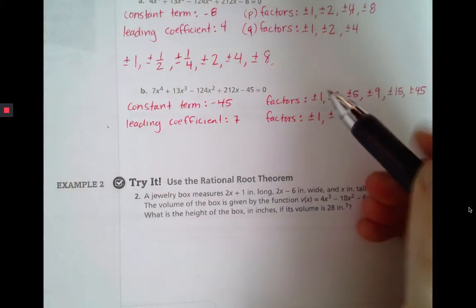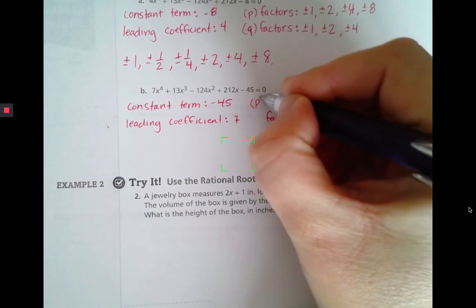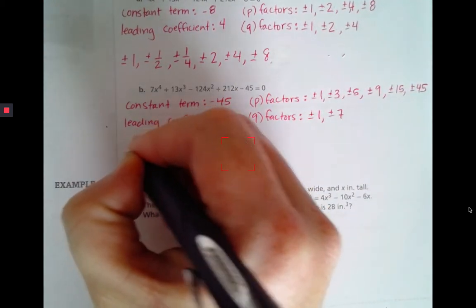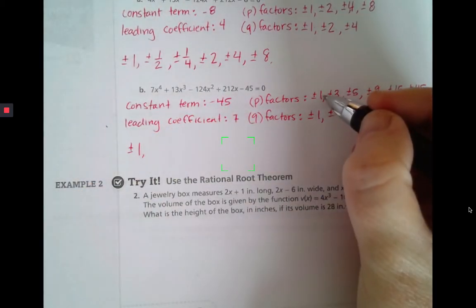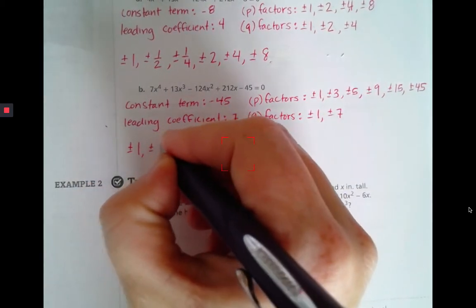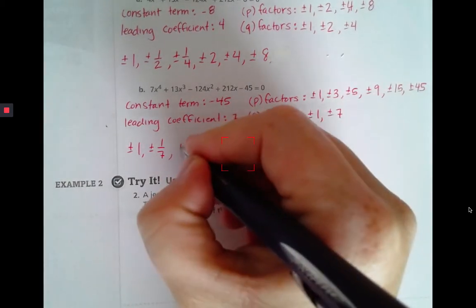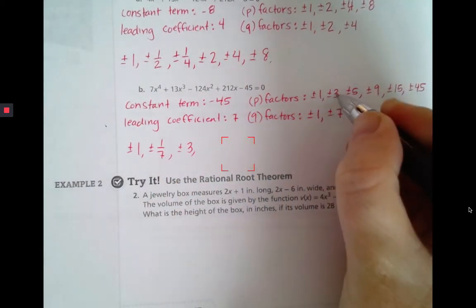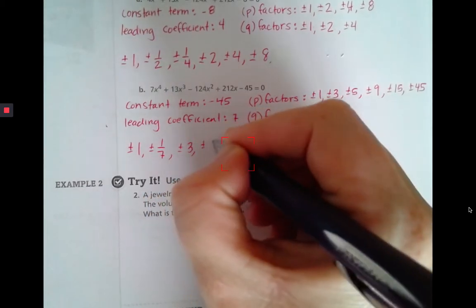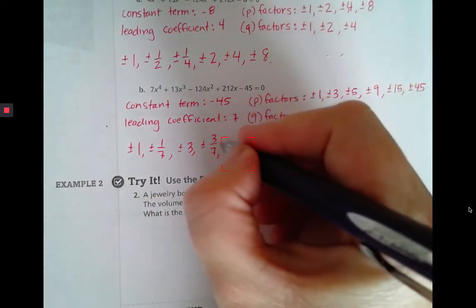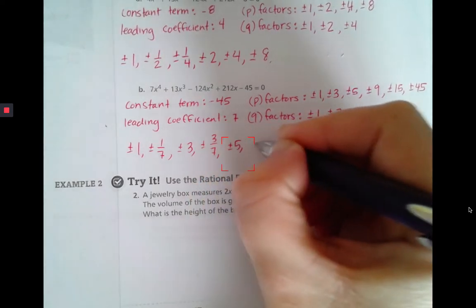All right, so let's start. Remember it's P divided by Q. So 1 divided by 1 is 1. 1 divided by 7 would just be 1 over 7. 3 divided by 1 is 3. 3 divided by 7 is 3 over 7. 5 divided by 1, 5.